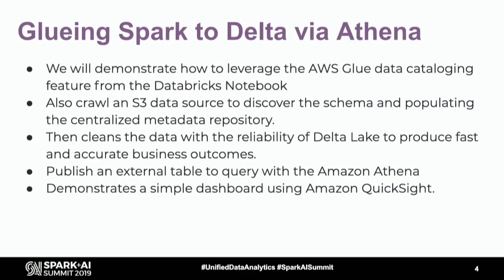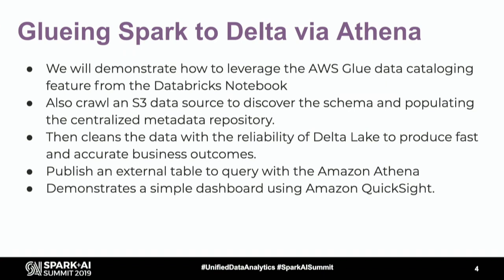All right, so what we'll cover today, we're definitely going to demonstrate how we leverage the AWS Glue Catalog from the Databricks notebooks, making sure that all your metadata is properly cataloged. We're also going to demonstrate using the crawler, the actual AWS Glue capability, to show that not only can you do this directly from the Databricks notebooks, but you can also use the crawler, just to show you the two different angles.